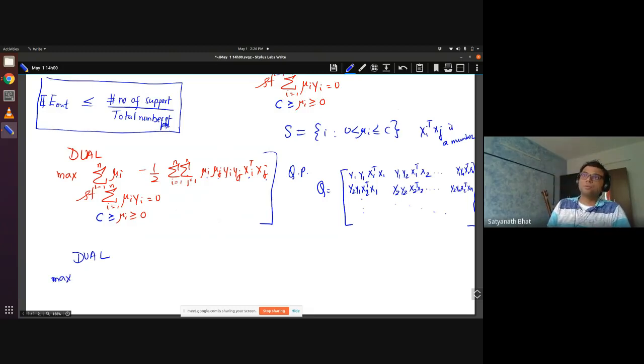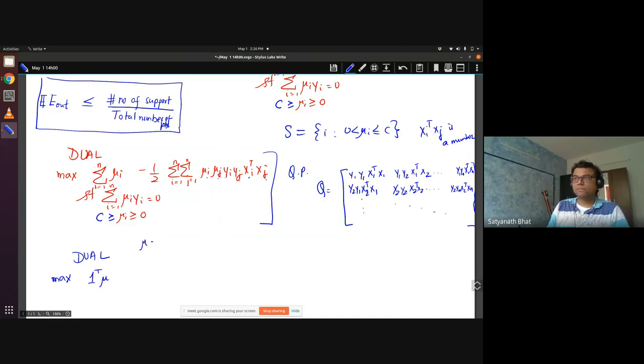So summation mu i is the same as 1 transpose mu, where mu is a vector with entries mu1, mu2, all the way till mu n. You will get that minus half mu transpose Q mu.